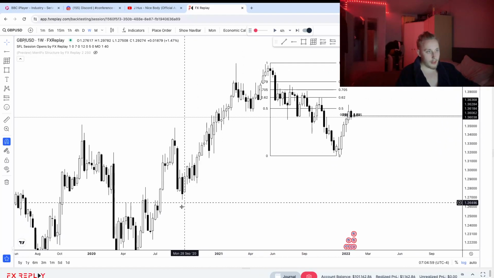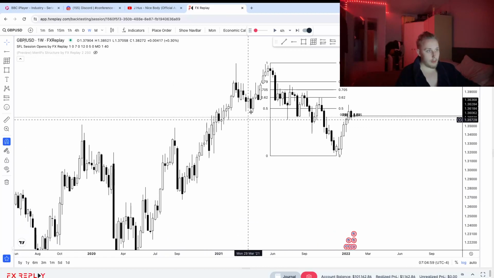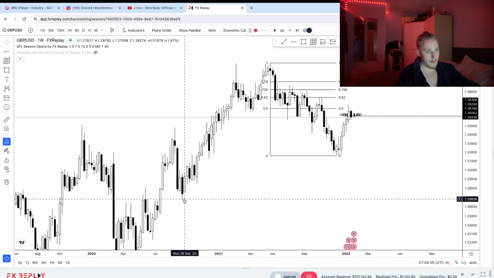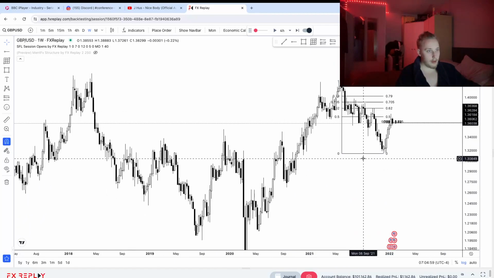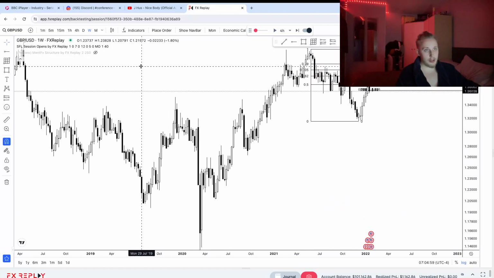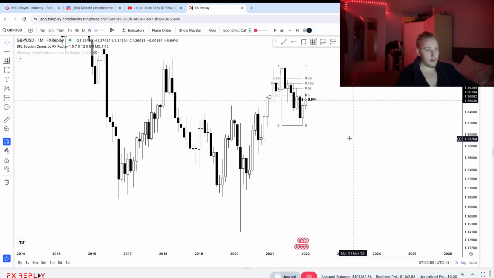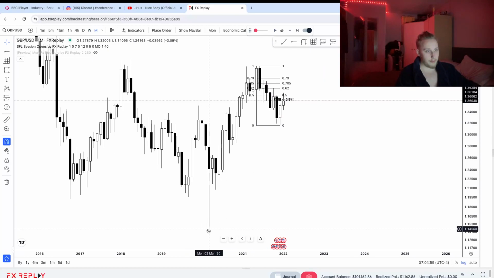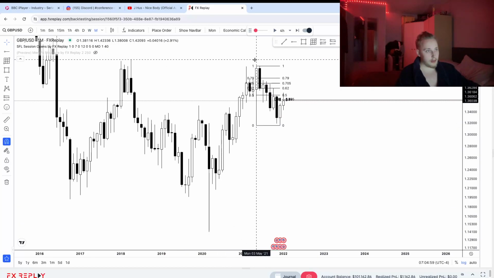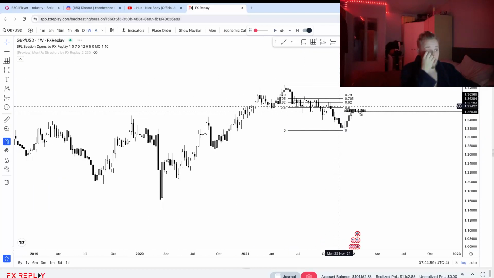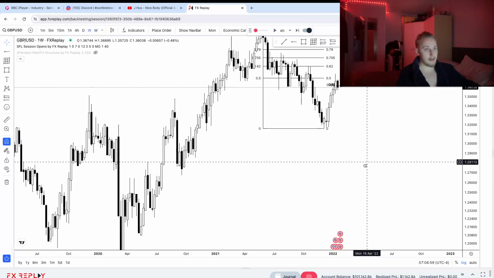So the low that we're dealing with wouldn't be here, it'd be this one. So yeah, we are probably bullish on the monthly, from here to here. But on the weekly, we're probably just retracing.